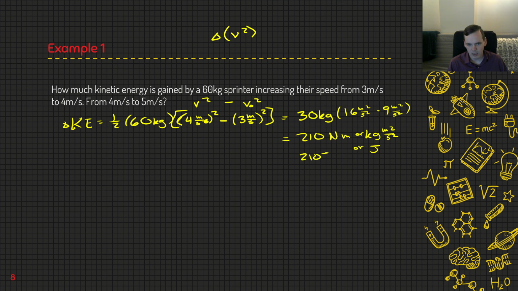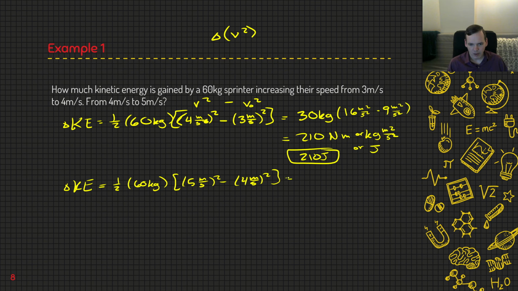So 210 joules. Now, if we look at changing from 4 to 5, we have to write the equation again. 1/2 times 60 kilograms times 5 meters per second, quantity squared, minus 4 meters per second, quantity squared, and that will equal 30 kilograms times 25 meters squared per second squared minus 16 meters squared per second squared.